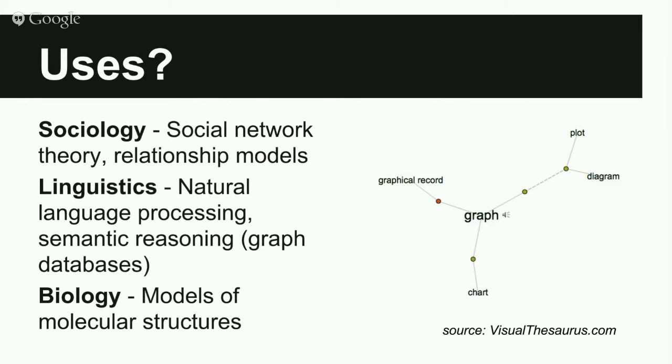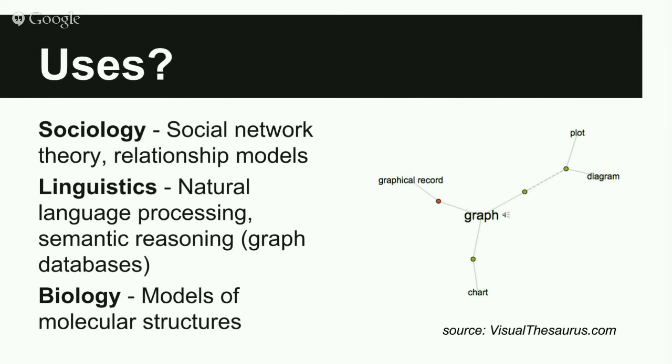Similarly, in linguistics, and the example graphic you'll see is from semantic reasoning, but within words and sentences, there are lots of links between words, either words that have the same meaning or breaking down the structure of a sentence into kind of nouns and verbs.